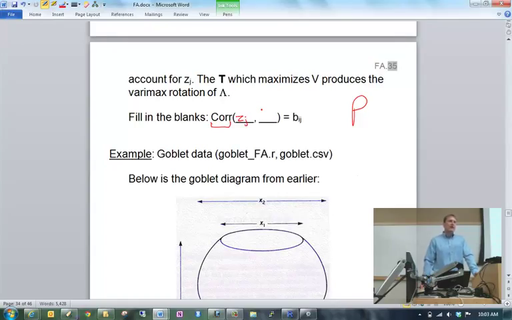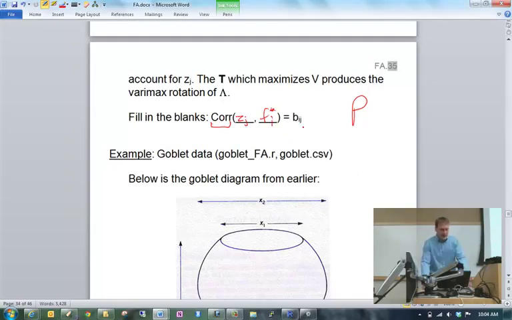Before, we had seen the correlation between two random variables was equal to lambda. What were the two random variables? Z and F. So what am I going to have here? Correlation between Z and F star, because F star now is this new common factor, essentially.